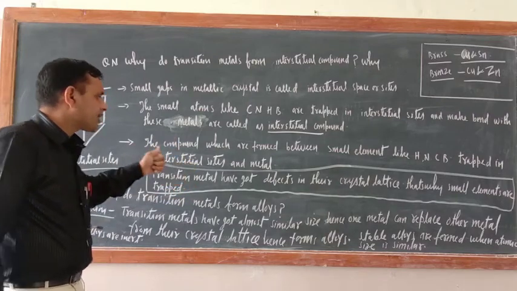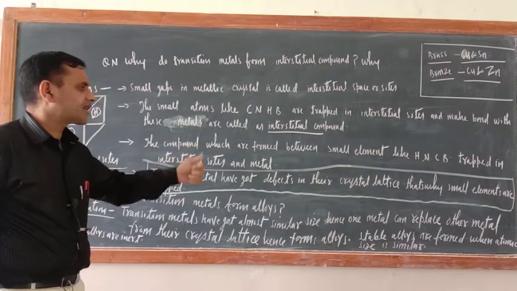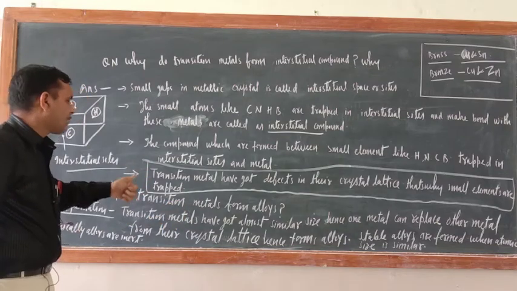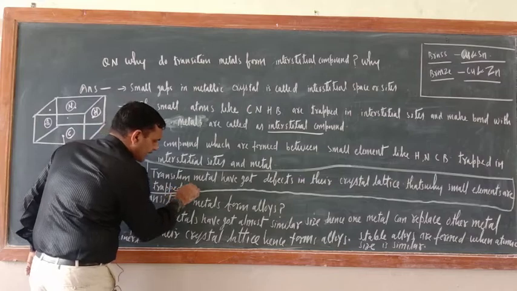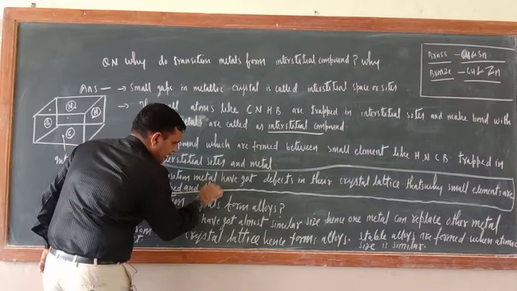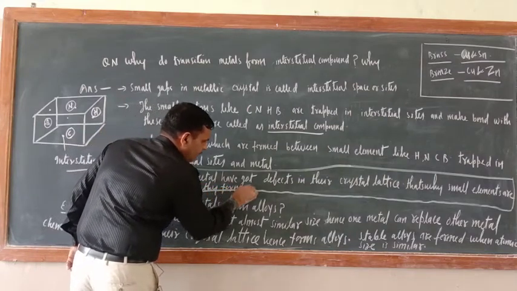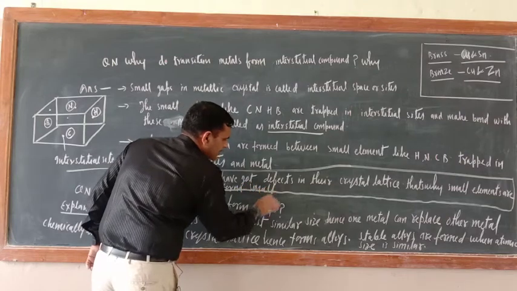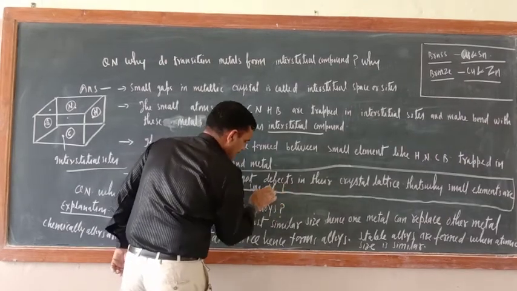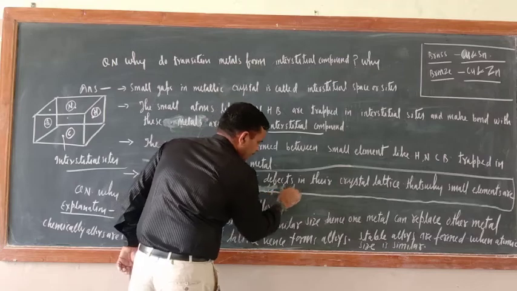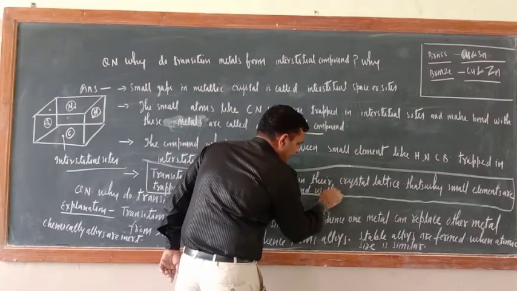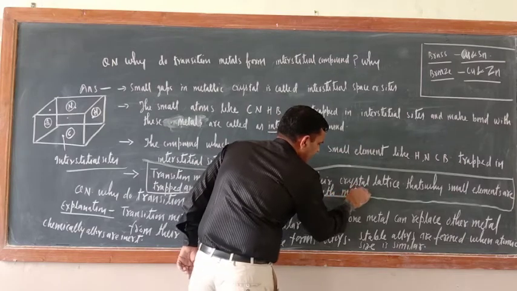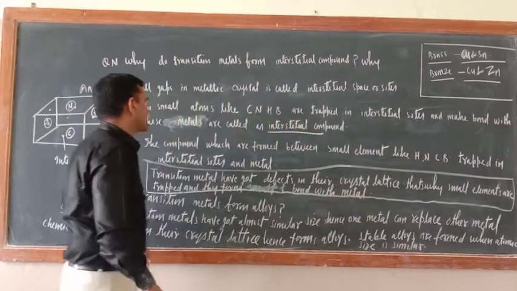So the transition metals have got defects in their crystal lattice, that is why small elements are trapped and they form small bonds with the metal, and this compound is known as an interstitial compound.